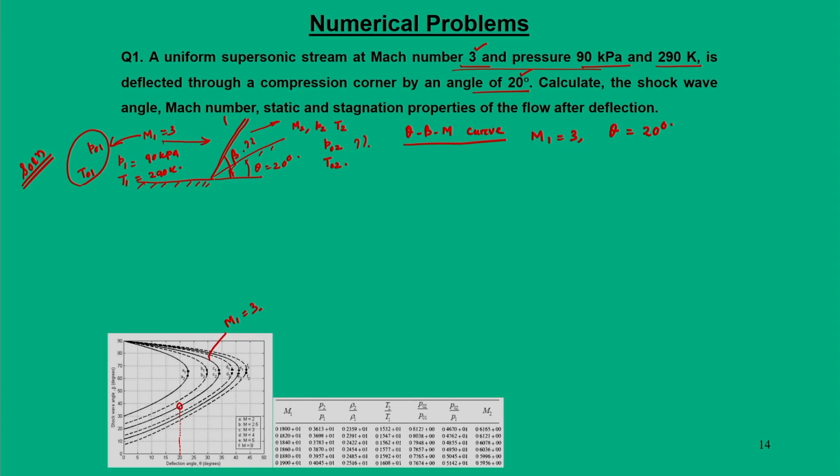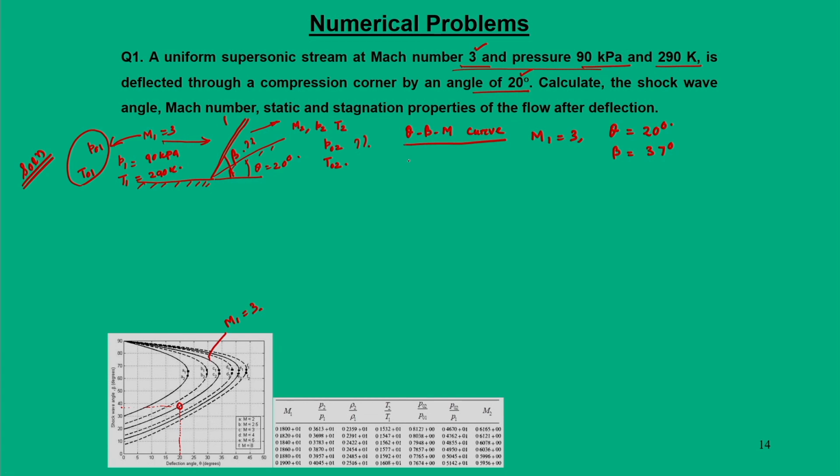The approximate value of beta we can obtain is close to 37 degree, so beta can be assumed to be roughly around 37 degree.